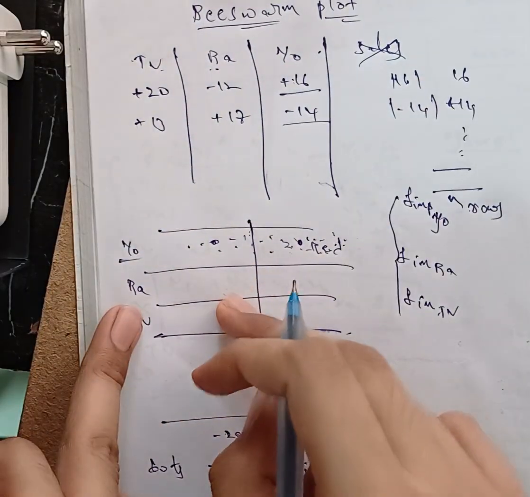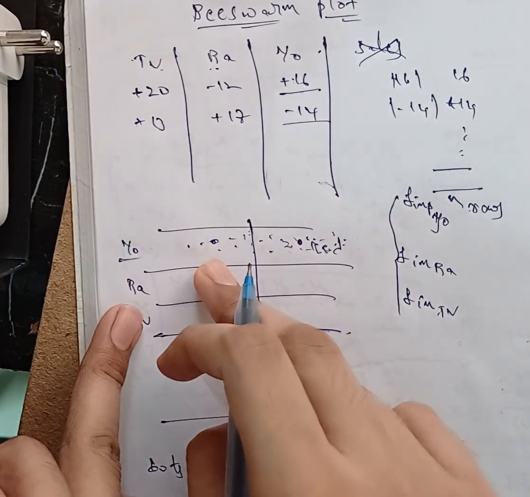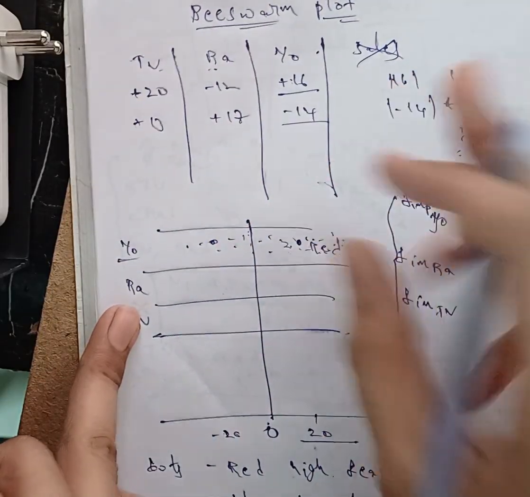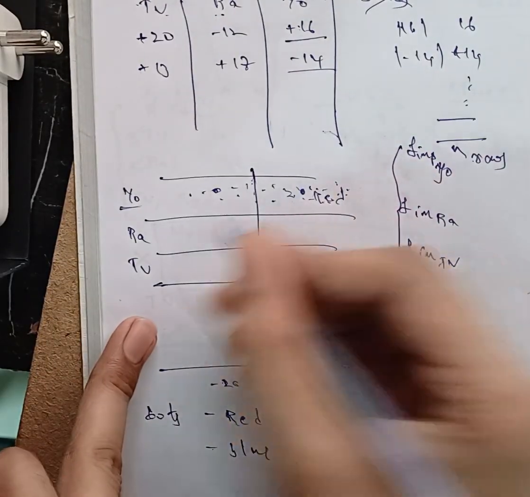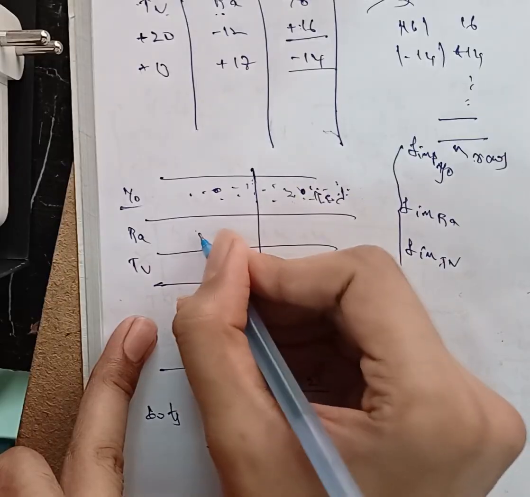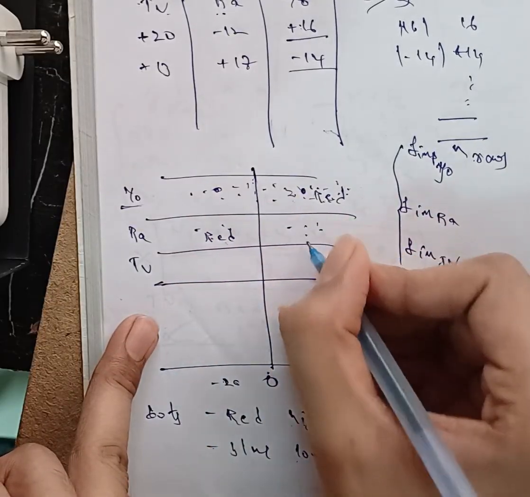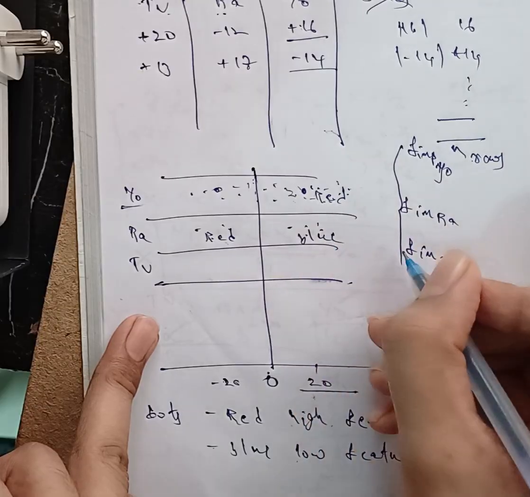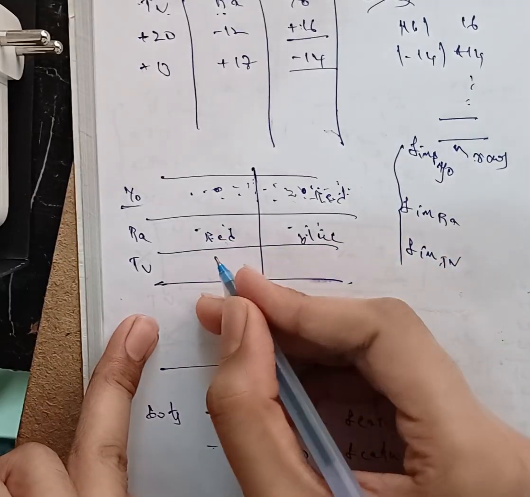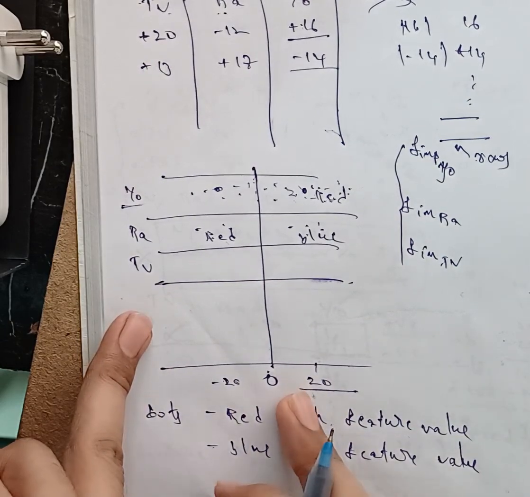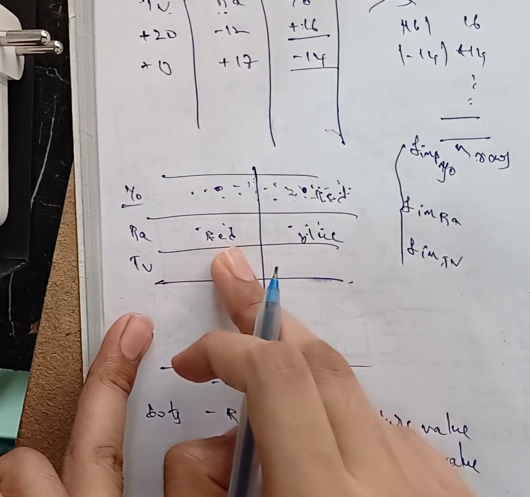If we have blue points here, then lower values decrease the sales. And if we have more red points here and more blue points there, that means for higher values it is decreasing the sales. The SHAP value is negative, which means it is decreasing the sales.